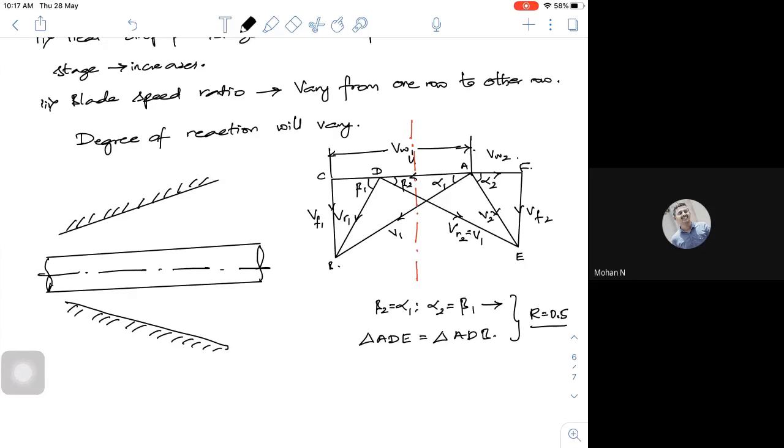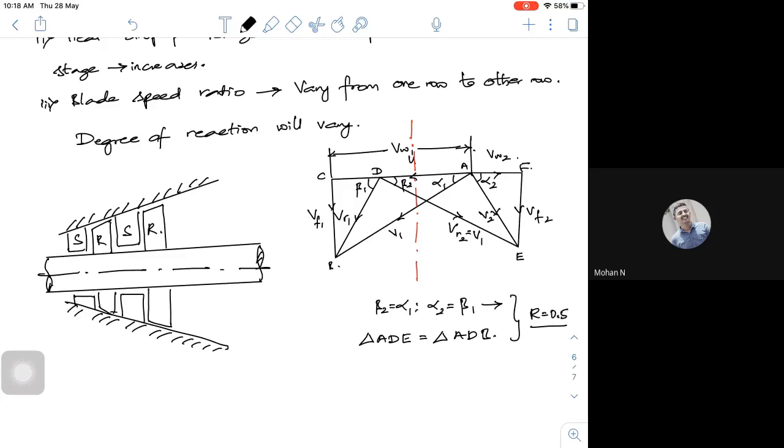So I have a set of rotors, the rotors will be something like this, just like your turbine. This will be an expanding turbine, and this is my stator. S is a stator, R is a rotor, S is a stator, R is a rotor.